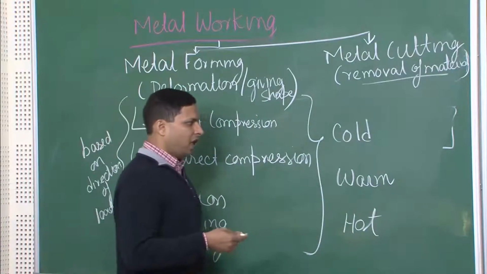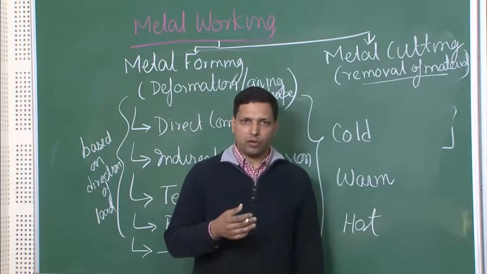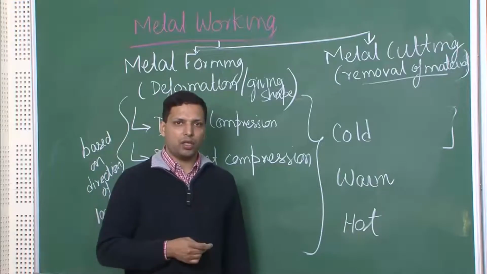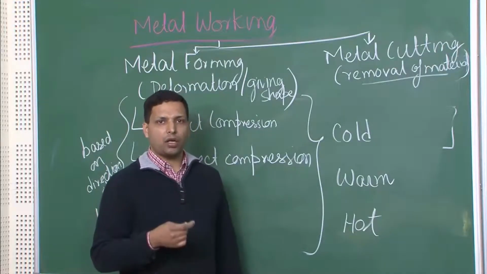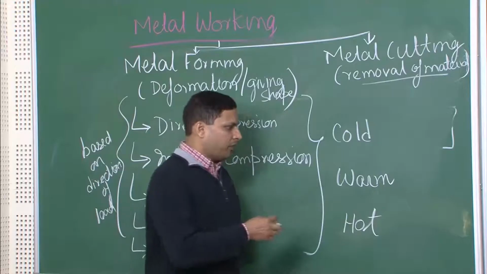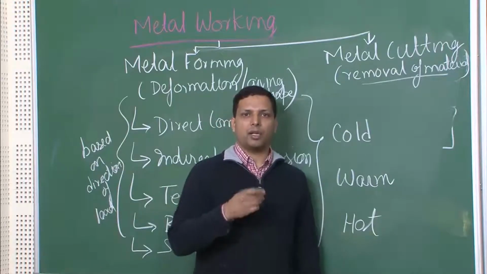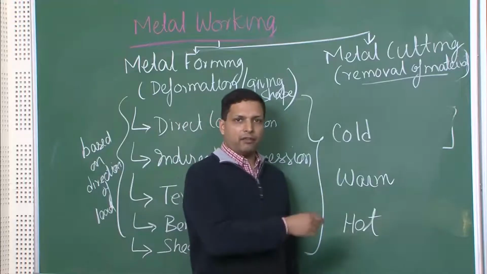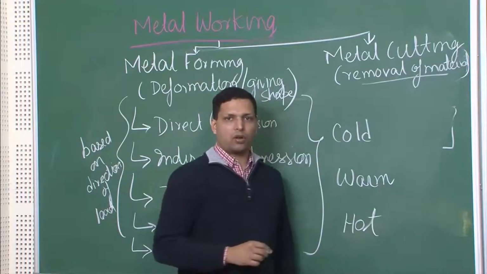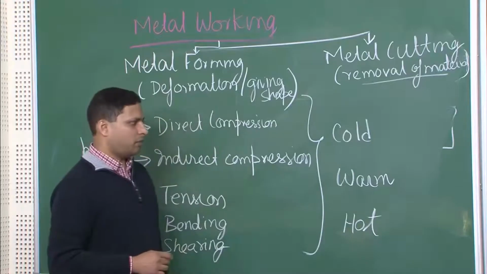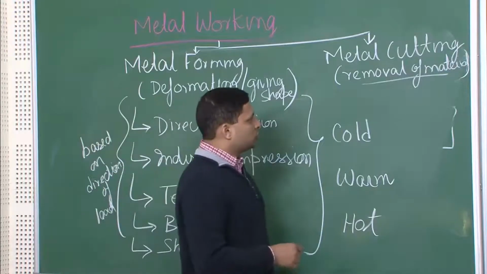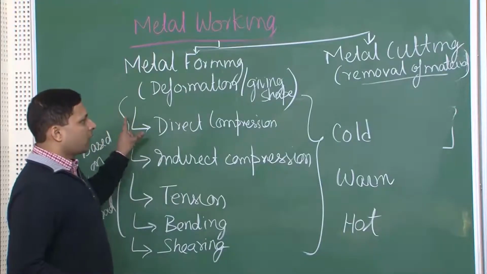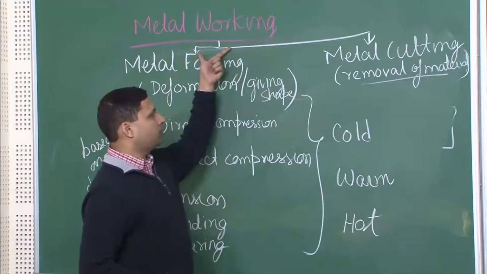For example, even if you roll lead at room temperature, it is not cold rolling, it is actually hot rolling, because it depends on the temperature at which the material melts. So, with respect to that, we divide the temperature into three zones, which are called cold, warm and hot temperature zones.